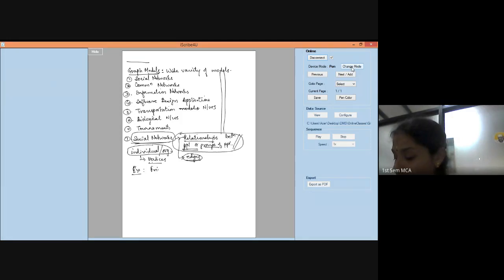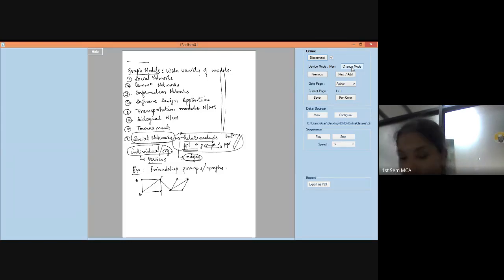I can take something called friendship groups, or I say friendship graphs. So friendship graph means how do you try to represent it? Let us say I'll draw a graph something like this. Something like this I have drawn.